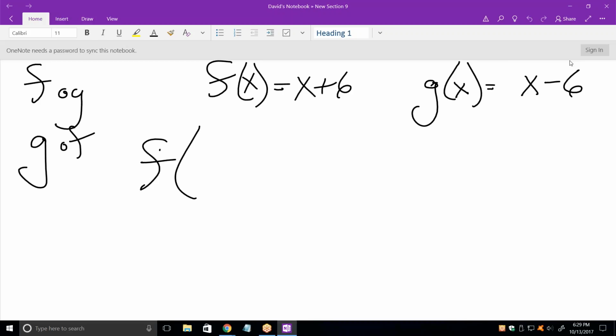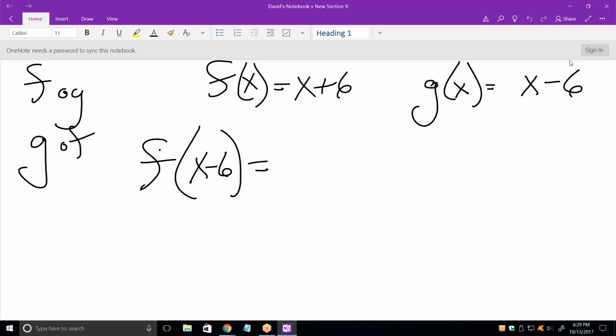No, that's f of f. F of g is f of g of x. Okay, what's g of x? G of x is x minus 6. Okay, now answer what that is. So then we plug the x minus 6 into the x position, right?